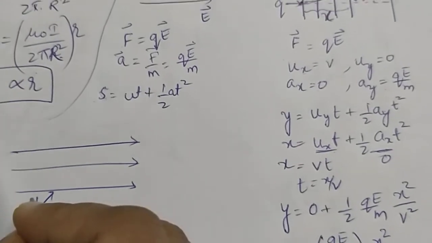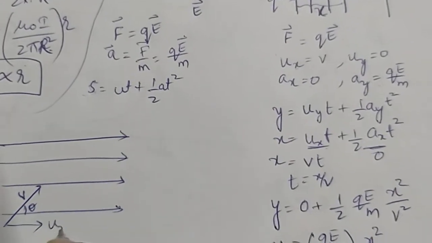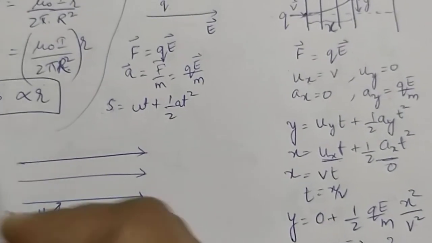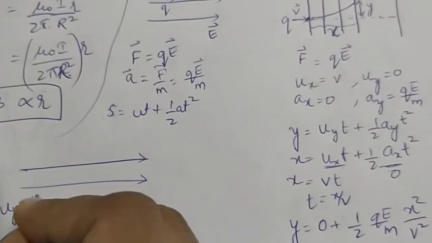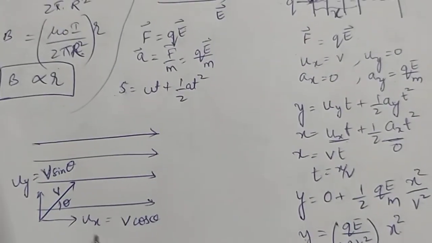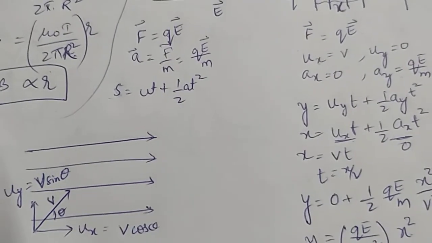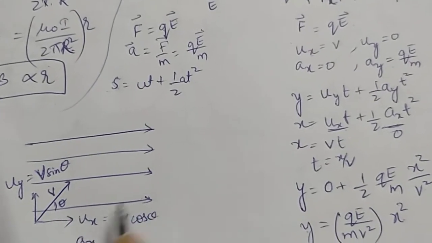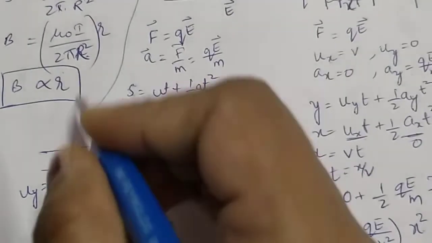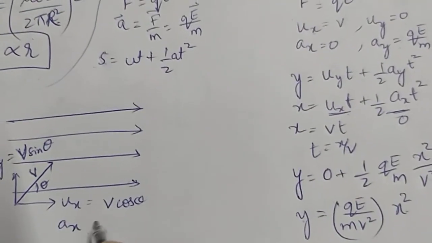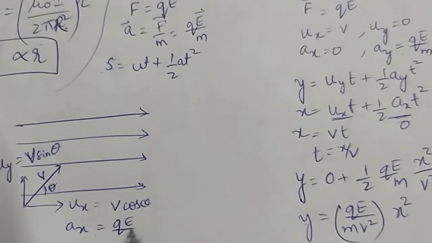Suppose this is your initial velocity: ux is equal to v cos theta and uy will be v sin theta. Here the electric field is in this direction, so there will be acceleration along this direction; in this case, ax will be qE by m.